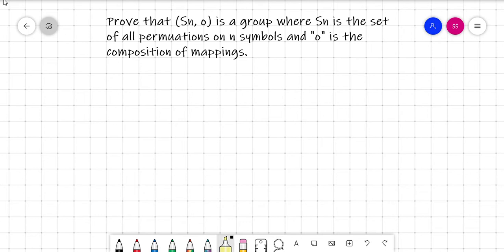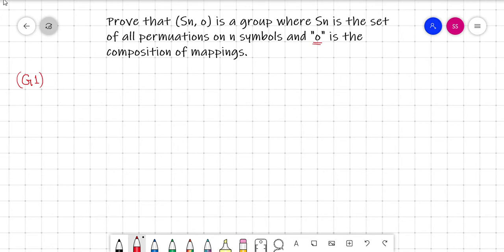The first one is G1. So what is the property G1? G1 is the property which says that the operation composition is a binary operation on Sn.